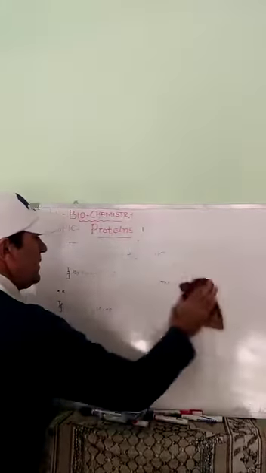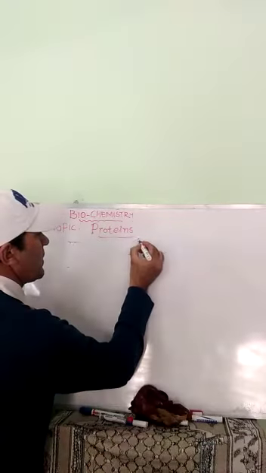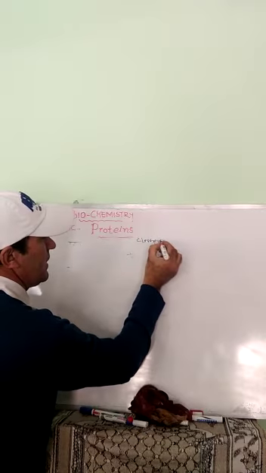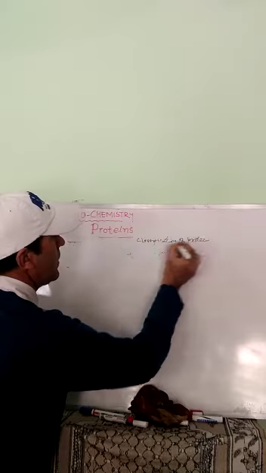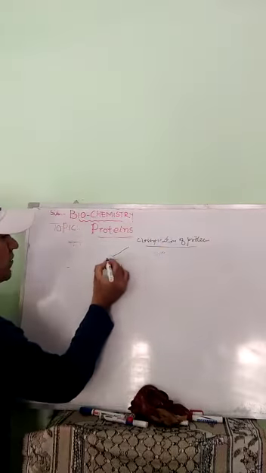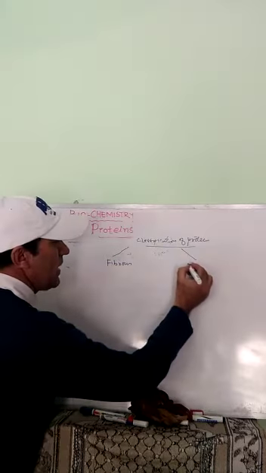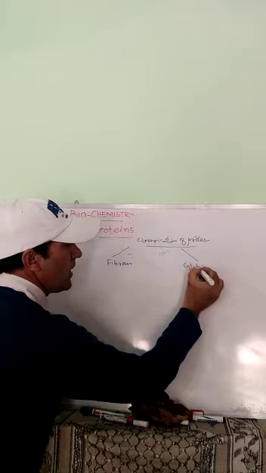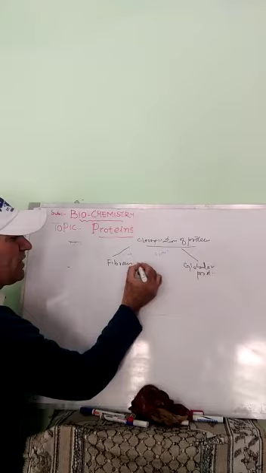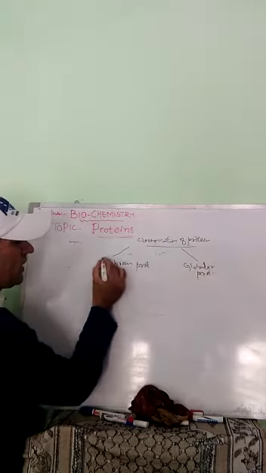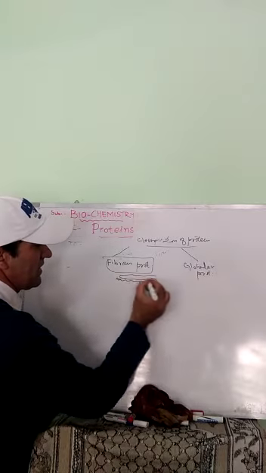Now I will write some classification of protein. Proteins are classified on two bases. One is fibrous protein, another is globular protein. Students, fibrous proteins, as the name suggests, are fiber-like structures.